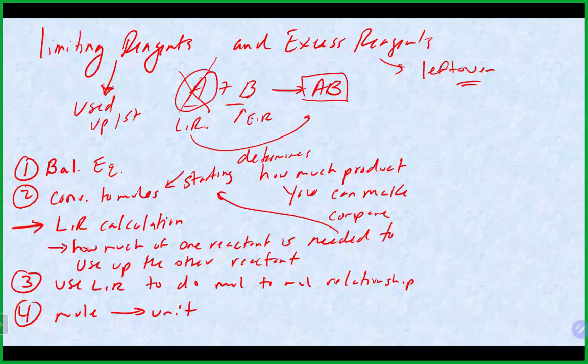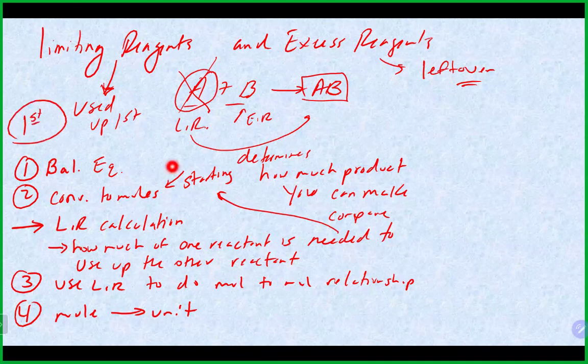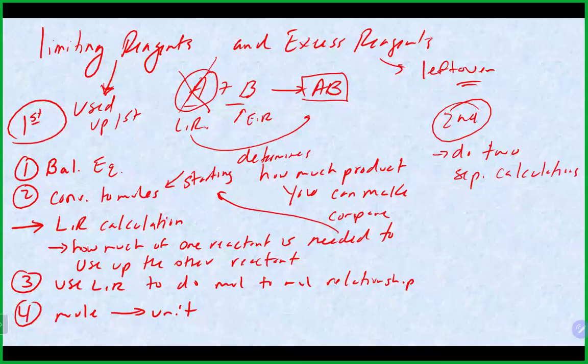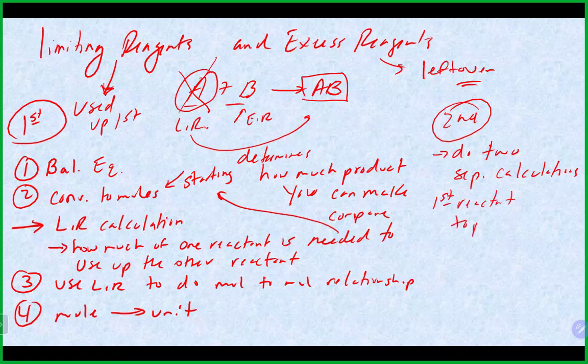The other approach is doing two separate stoichiometry calculations, one for each reactant that you're given: going from the first reactant to the product, then from the second reactant to the product.